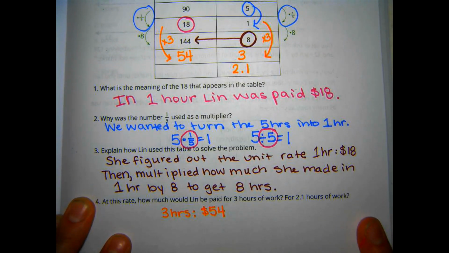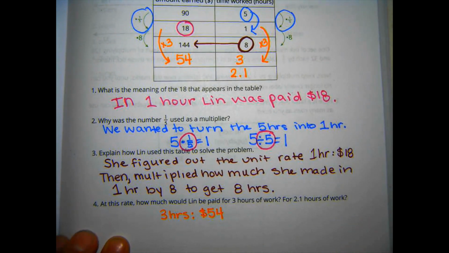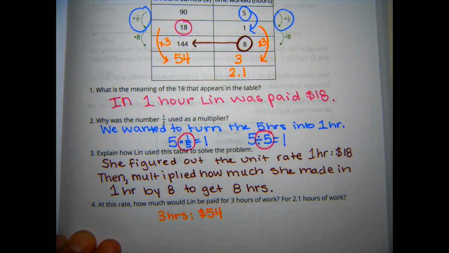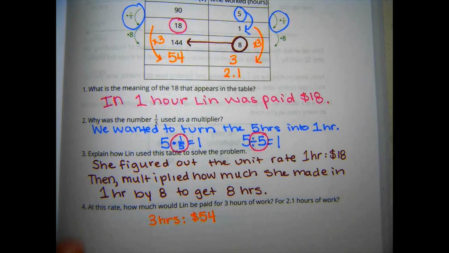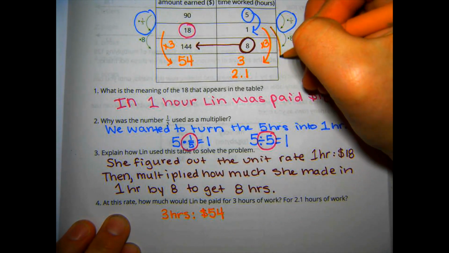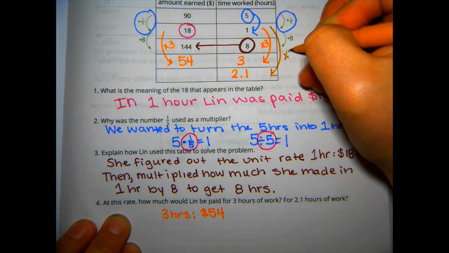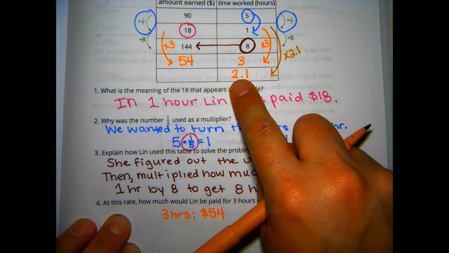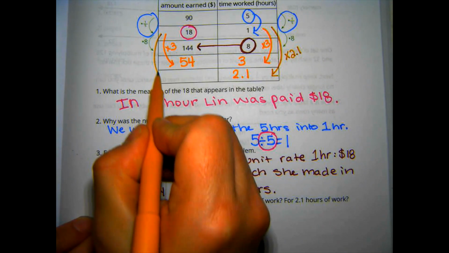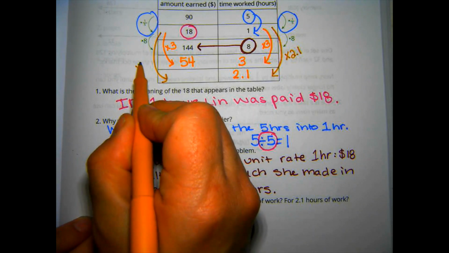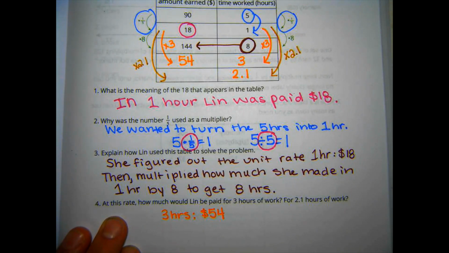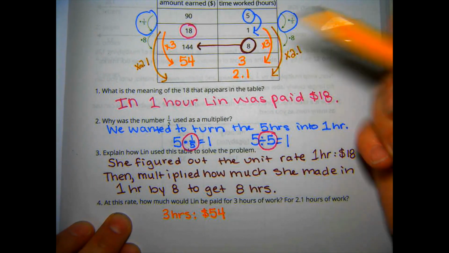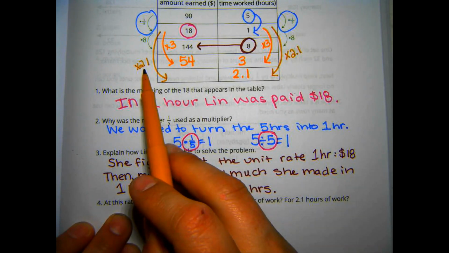Okay, now I have my 2.1 hours of work. I'm going to use the unit rate again. I'm just going to go 1 times 2.1. 1 times 2.1 is 2.1. So then I'll take my 18 also and times it by 2.1. And get your calculator out and punch in 18 times 2.1.